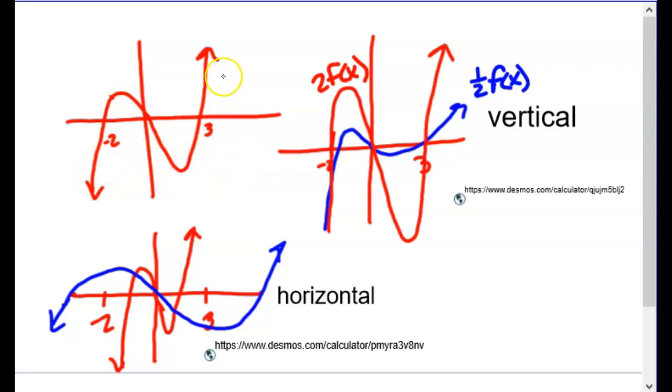If I took the same function and I made it f of 1/2 x, it would actually stretch horizontally. And if I took the same graph here and made it f of 2x, it would take this 3 and move it into 1.5. It would compress it horizontally. Those are my really bad sketches.